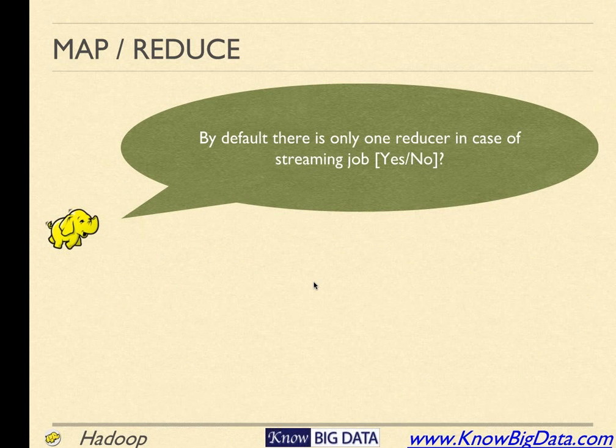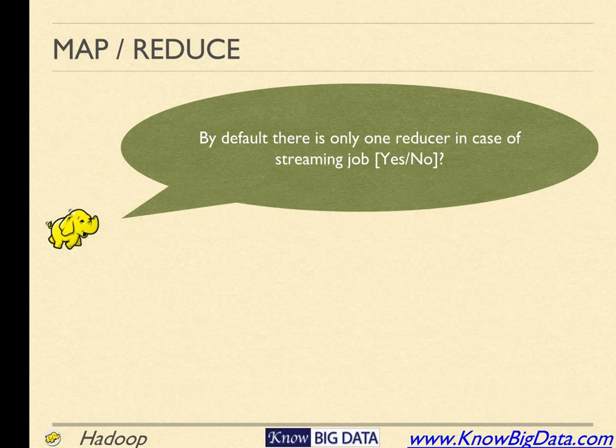By default, there is only one reducer in case of streaming job. Yes or no? Arvind says it depends.